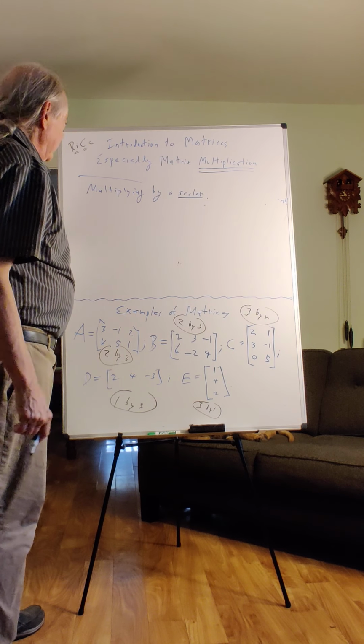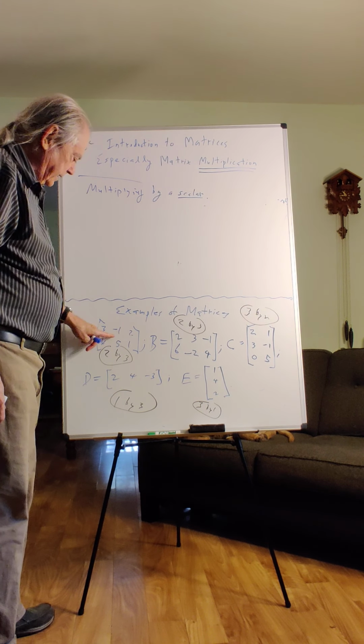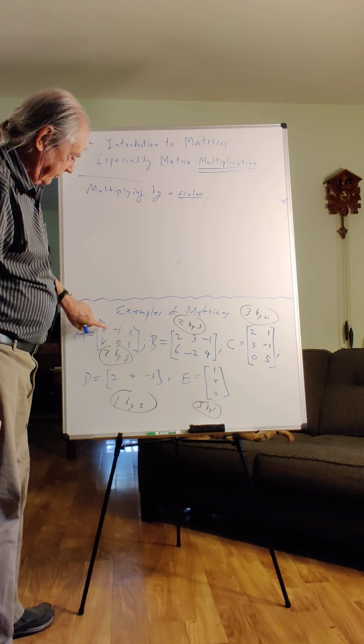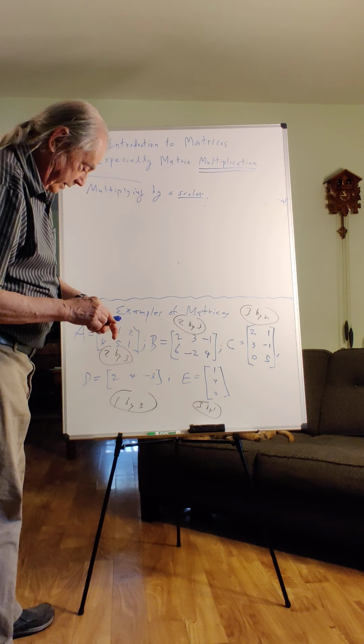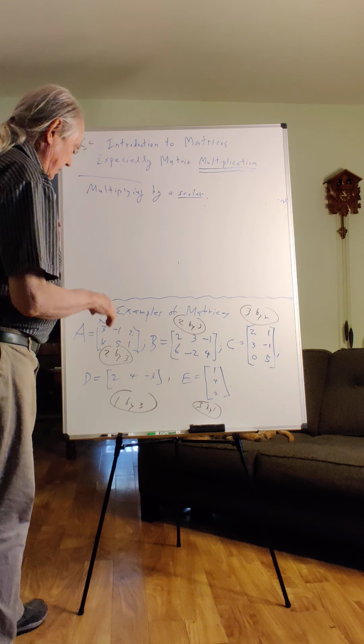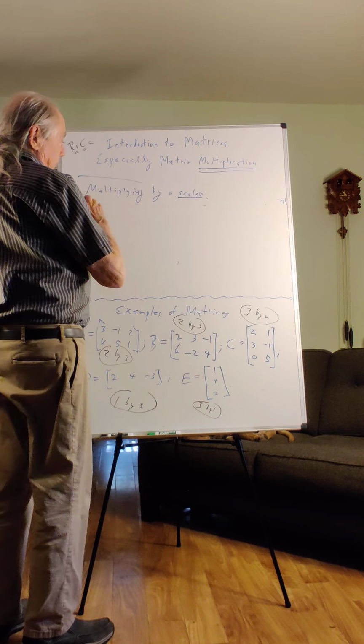Now, we can't multiply A and B, it turns out. You might think all you would do is just multiply the corresponding entries, but that's not the way it works. Okay, so now we're doing matrix multiplication.